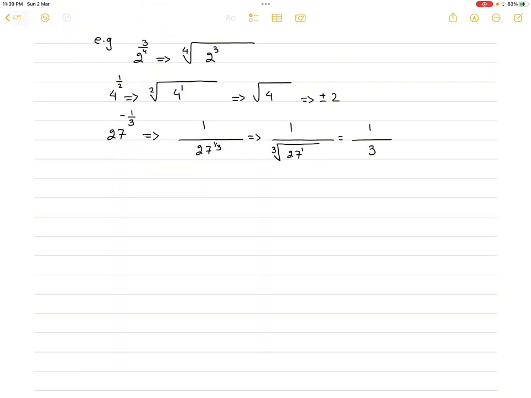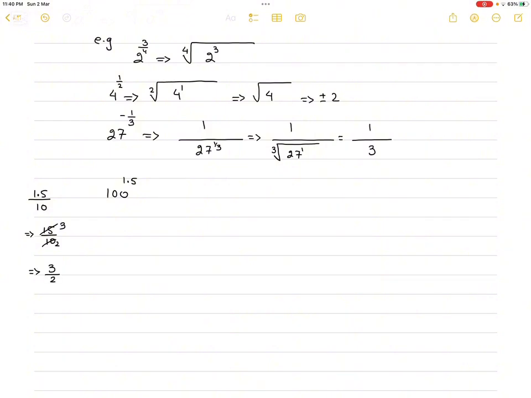Let's do one more. If I write 100 power 1.5, convert 1.5 into a fraction. So the decimal gives you 1 and 5 gives you 1, 0. So this is 15 over 10, the decimal has gone. So 5 times 3 is 15, 5 times 2 is 10. So you get 3 by 2.